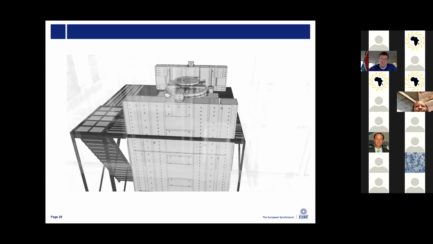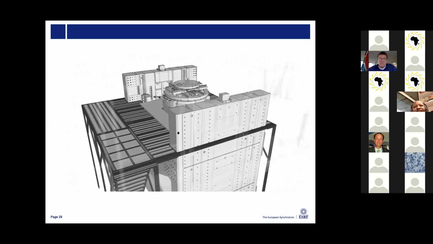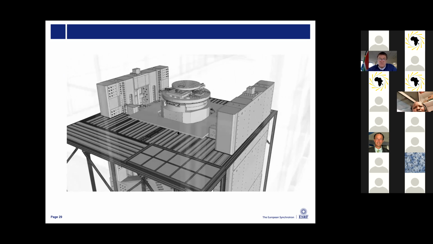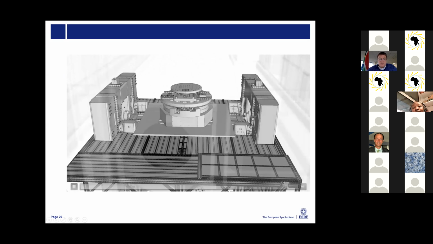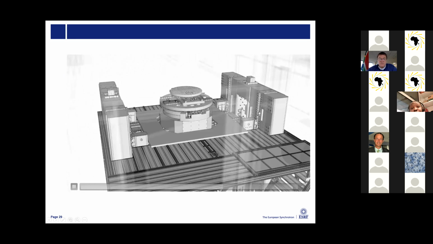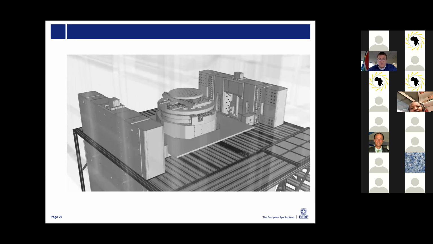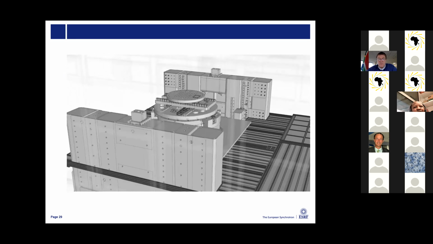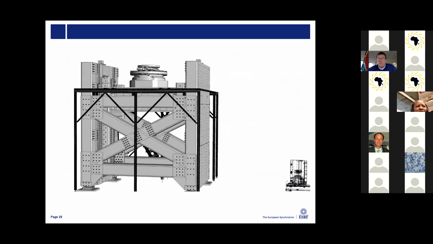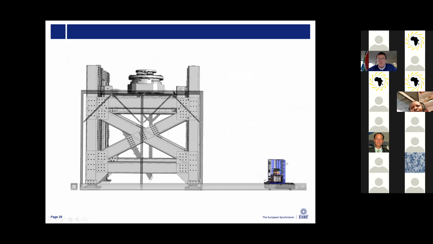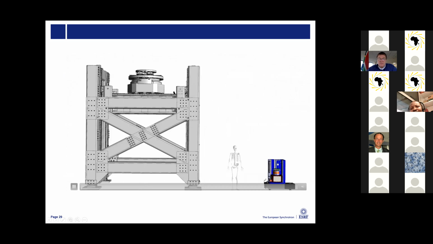And this is the sample stage that you see here. This sample stage will be able to take something of about 300 kgs in weight. And in comparison, you can see here the size of the sample stage at BM05, where I am at the moment.